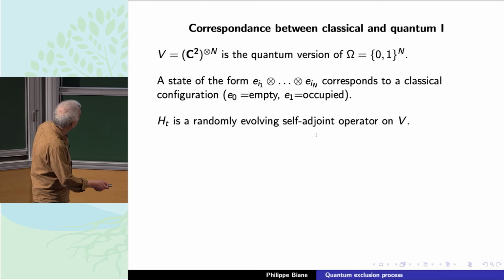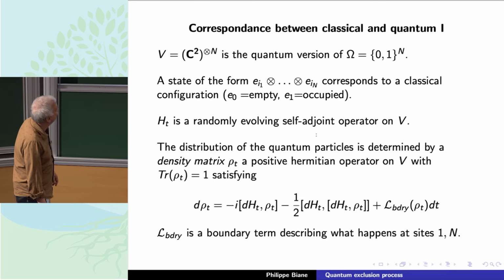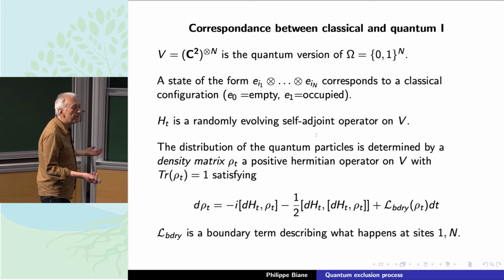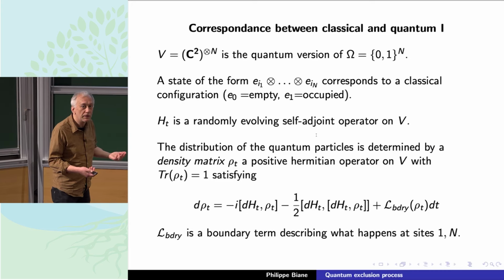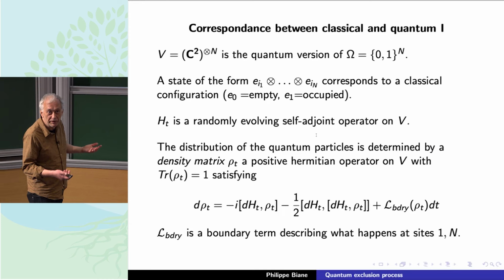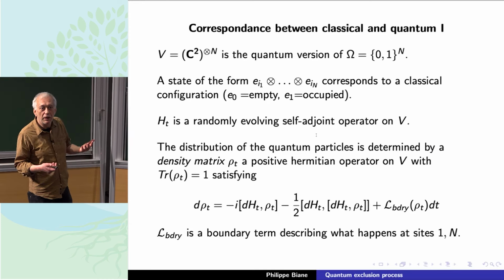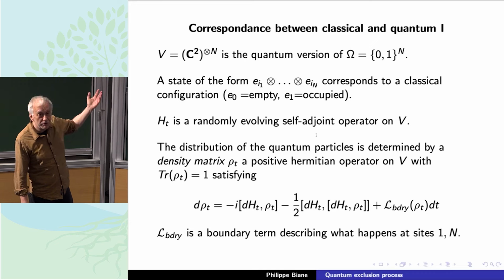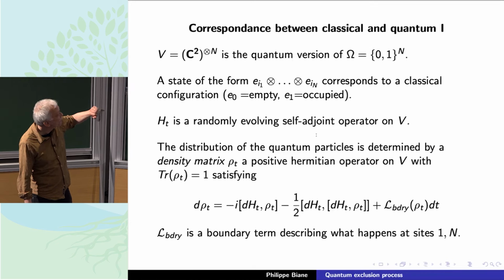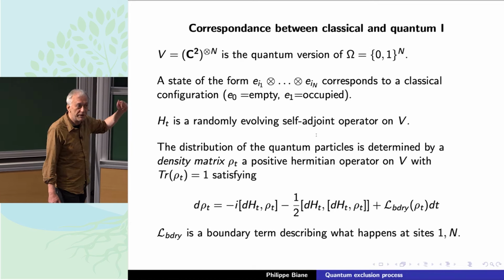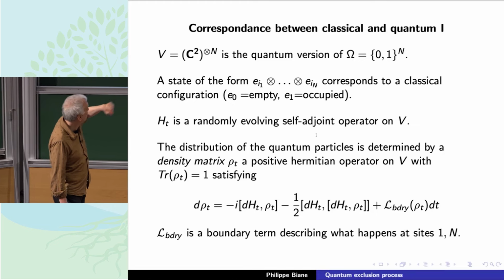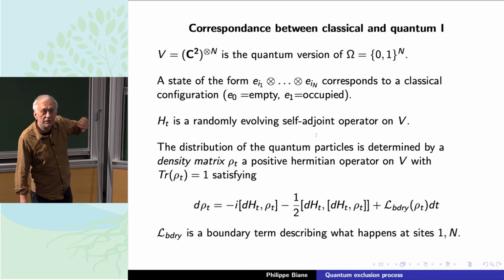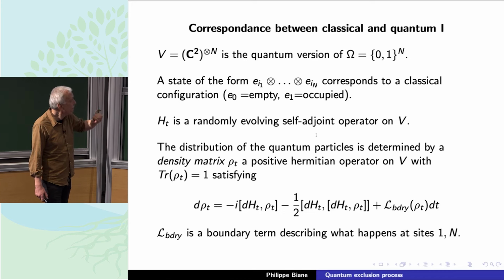Okay, and now what happens? Now if you want to look at the particles at some time t, you will perform a quantum experiment, and this quantum experiment will be described by a density matrix. This density matrix, rho t, is a positive Hermitian operator on the space V, whose trace is equal to 1, so it's the quantum analog of a probability measure.